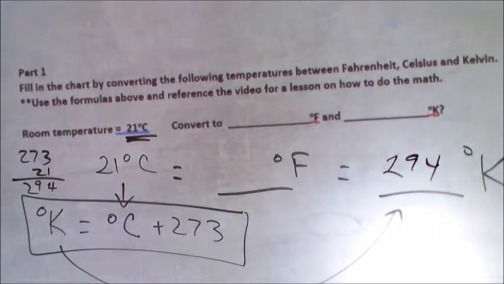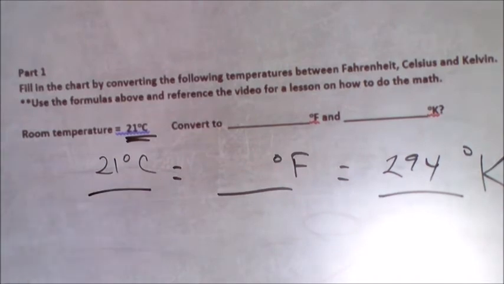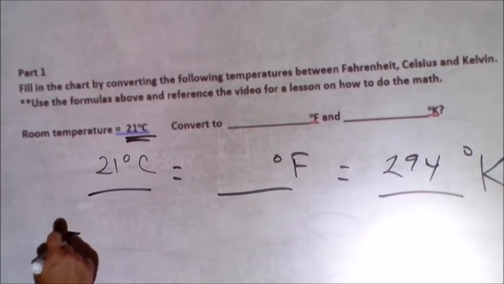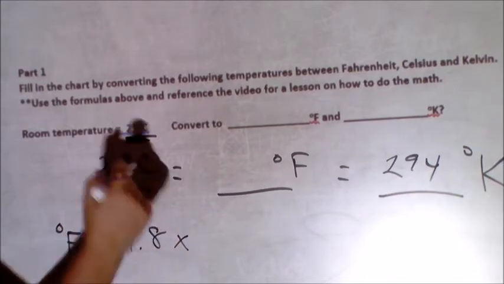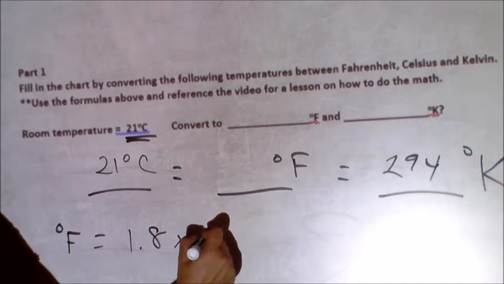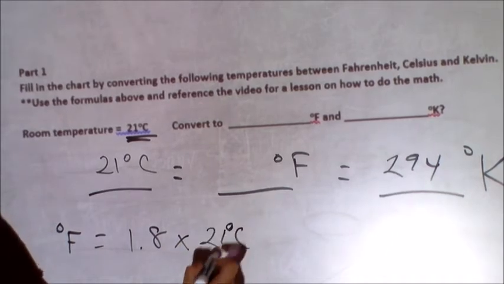Now, in order to go from Celsius to Fahrenheit, I have to know that the equation, when I'm looking for degrees Fahrenheit, is equal to 1.8 times my degrees Celsius, so that's 21 degrees Celsius.